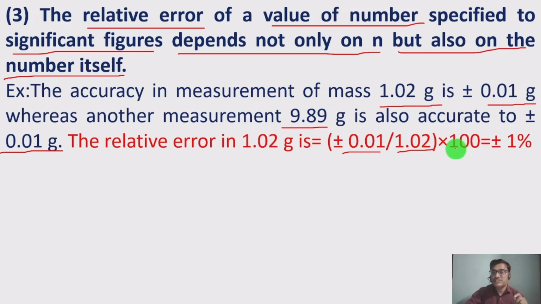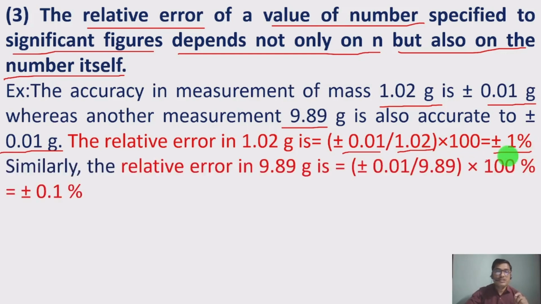If it is expressed in percentage, into 100, it gives plus or minus 1%. Similarly, the relative error in 9.89 gram is the absolute error 0.01 by the true value 9.89 into 100%, which gives plus or minus 0.1%. Here, even though the absolute error is the same in these two, the relative error expressed in percentage has different values.